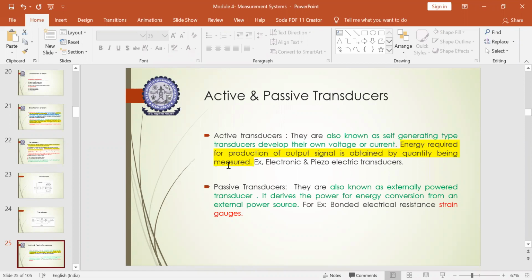What do you mean by piezoelectric? Piezoelectric is a material: if you apply any mechanical stress to it, that mechanical stress will be converted into an electrical output due to the variation in the dipole moment of the piezoelectric material. So it converts by itself and generates the voltage. The elements which are able to self-generate the required voltage or current are called active transducers, and examples are piezoelectric as well as electromagnetic transducers.